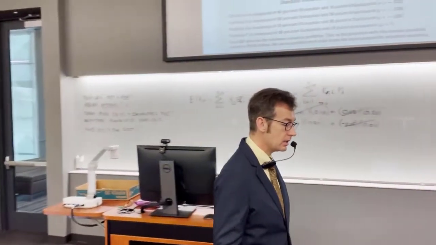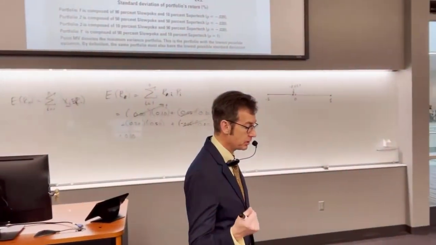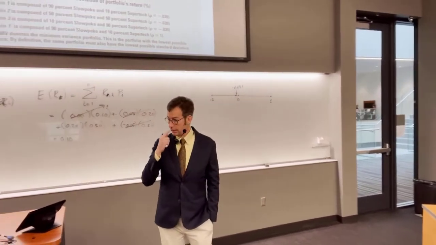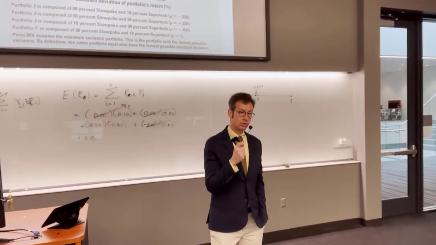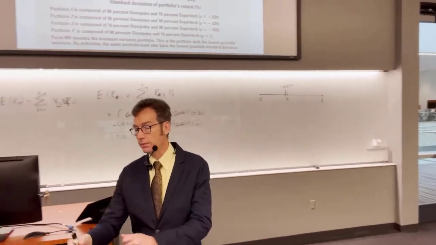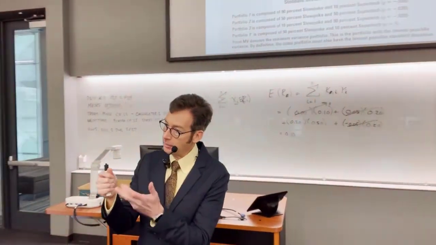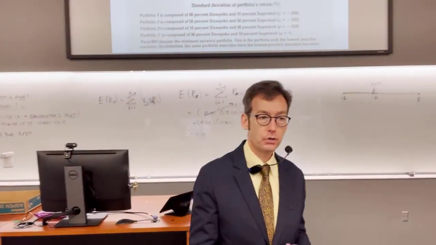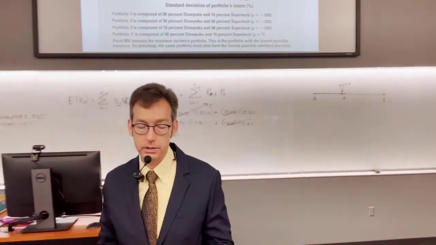Now that square is still in the same place, Supertech is still in the same place, Slowpoke is still in the same place, but that curved line represents every possible combination. So 1% Supertech, 99% Slowpoke, 2% Supertech, 98% Slowpoke, and so forth, all the way until we get to the other end.